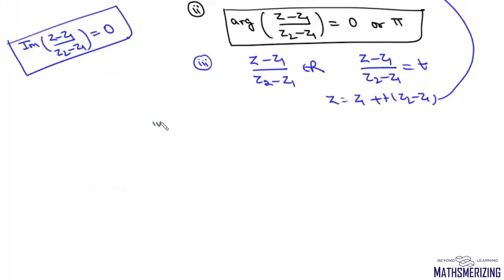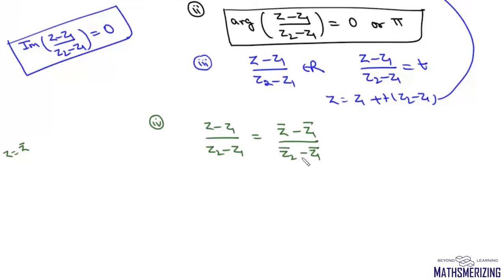Now we know that if the argument is 0 or pi, then it is purely real, and we also know that if a complex number is purely real, then z is equal to z bar. So we can write (z minus z1) upon (z2 minus z1) must be equal to (z bar minus z1 bar) upon (z2 bar minus z1 bar).